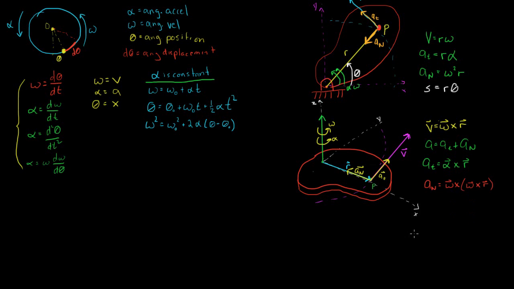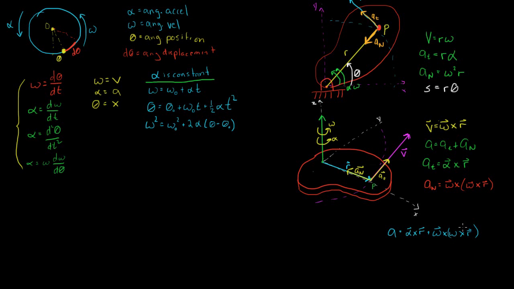So our total acceleration is equal to this alpha crossed with the position vector, so our angular acceleration crossed with the position vector, plus this expression for the normal acceleration. Now this can get simplified a little bit, and I'm not going to go through the math.